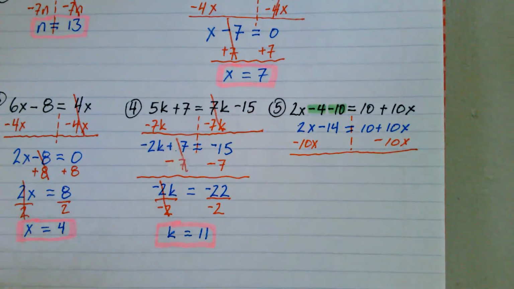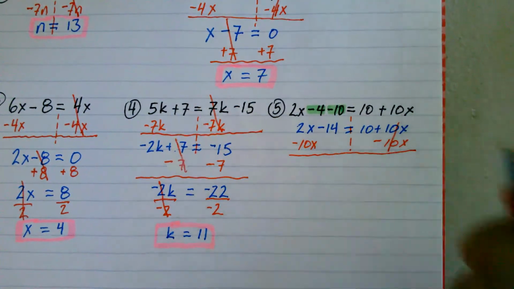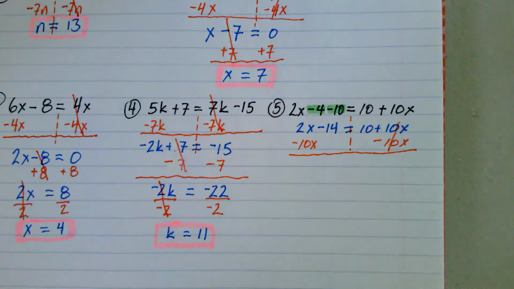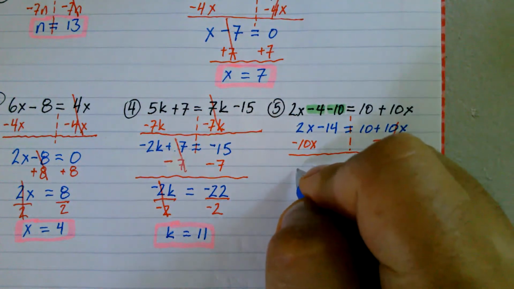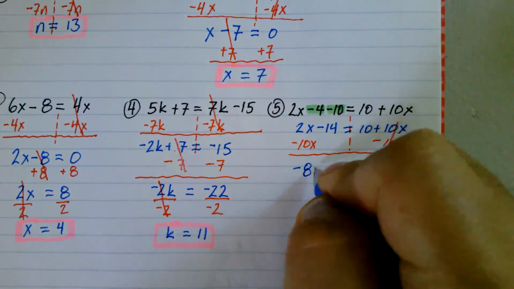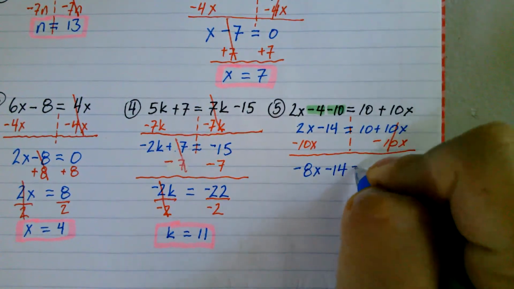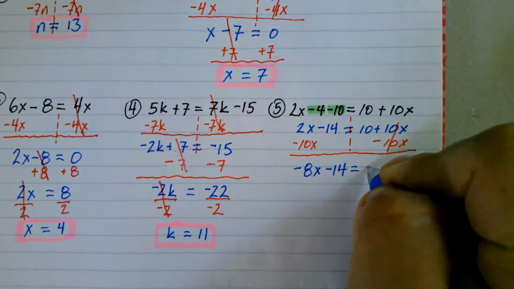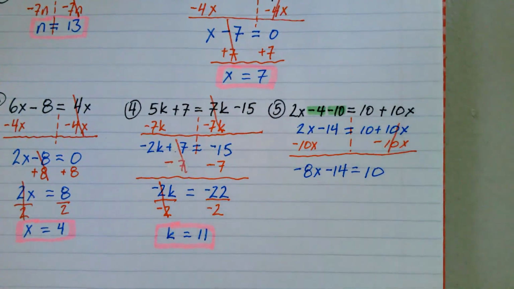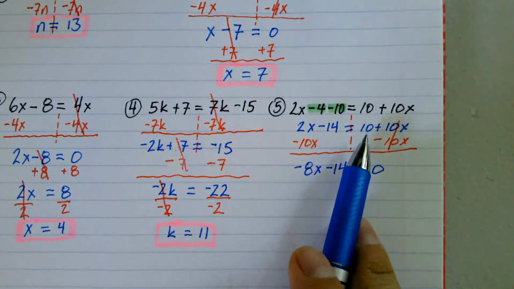And let's see what we get. So I know that this is going to cancel. Let me just cross that out. That's opposite. But over here, I got 2x and negative 10x. Combine those. -8x. Thank you. That was quick. Minus 14 equals positive 10. Bring down that constant 10.